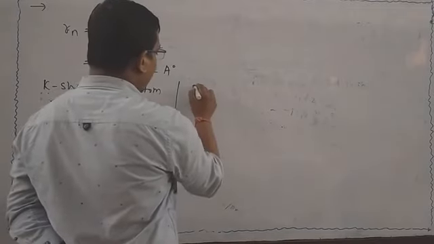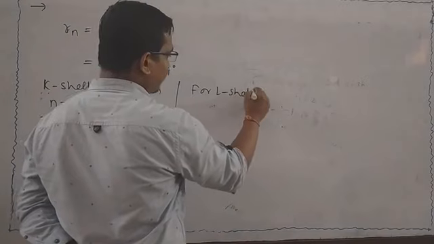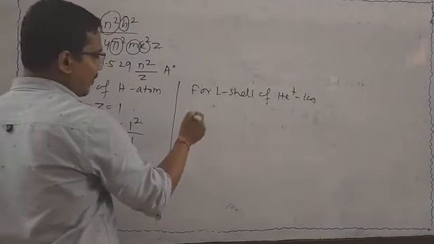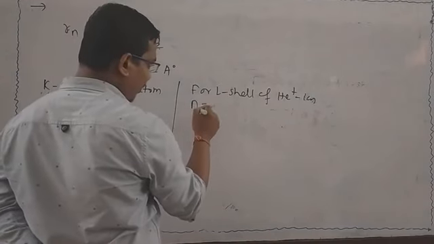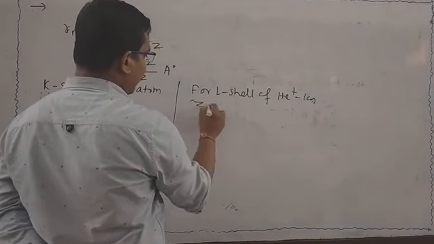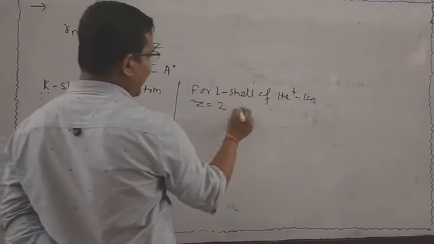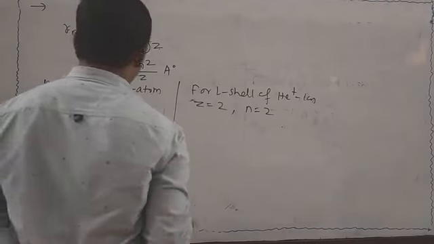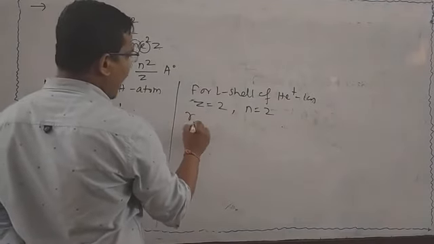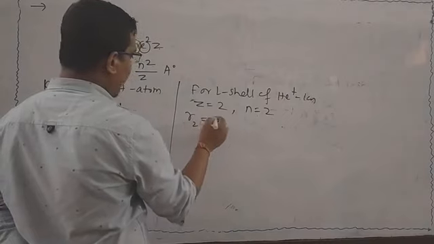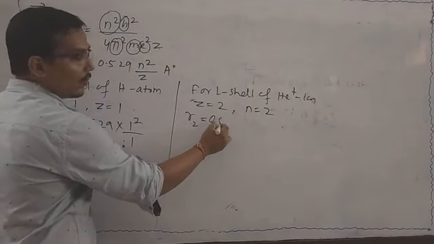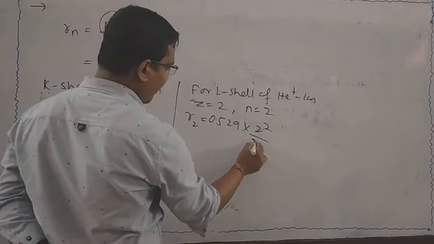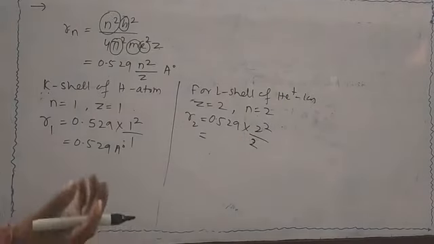Similarly, for the L shell of He⁺ ion, Z is equal to 2 and n is equal to 2. By putting these values we can find R2: R2 is equal to 0.529 into 2² divided by 2. By solving this, we get a simple value.